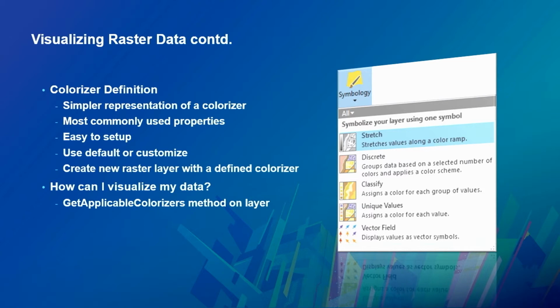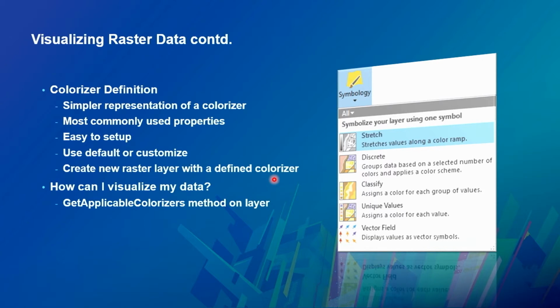So you can basically create a colorizer definition, set a couple of properties on it, and either have the system fill in the rest with defaults, or you can customize the rest of the properties once you create a colorizer as well.